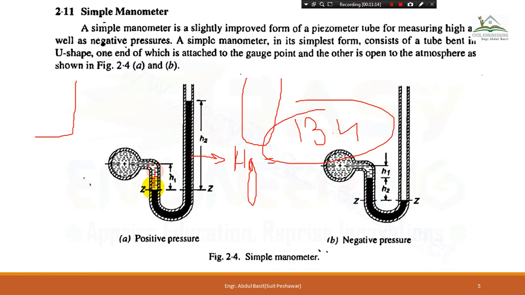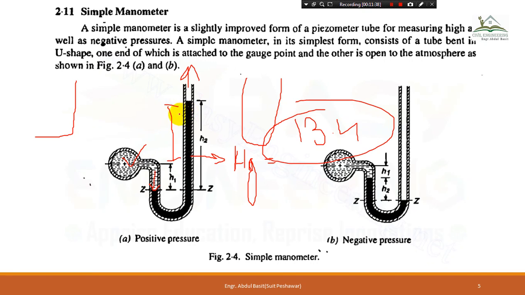If the mercury is pushed, the mercury level will decrease in this limb and increase in this limb. If the level is increasing over here, that level should be determined, and if it is increasing more, it means that the pressure is comparatively greater.